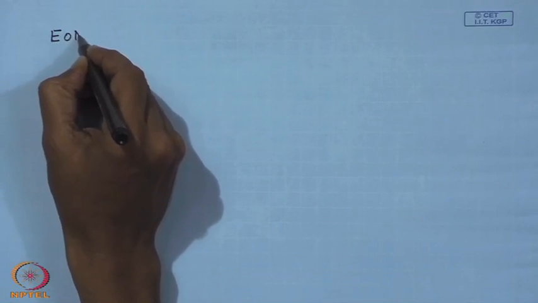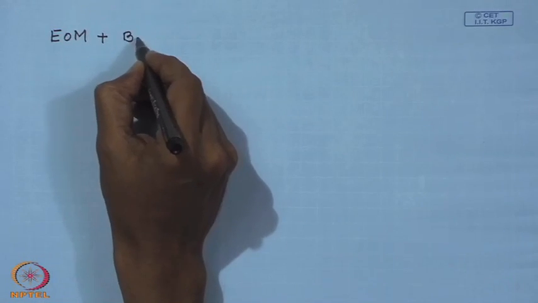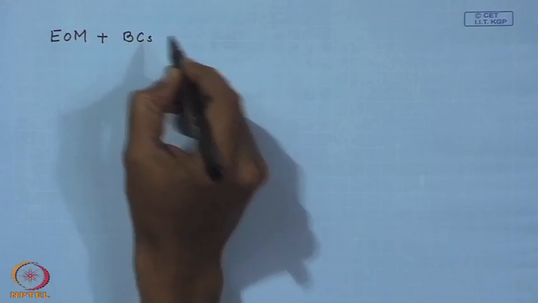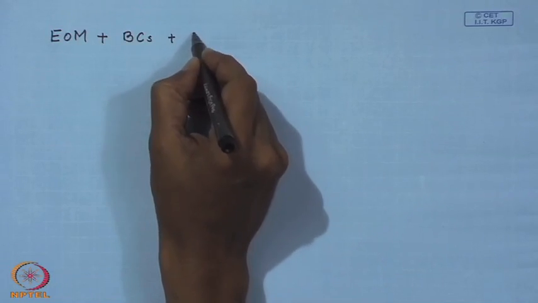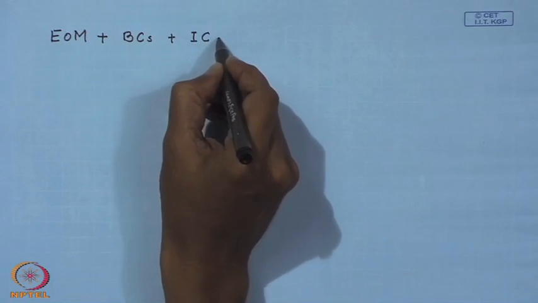Now, in the next few lectures what we are going to do is analyze or solve these equations. So, the first thing that we note is that we have the equation of motion, then we have the boundary conditions, and we have the initial conditions.